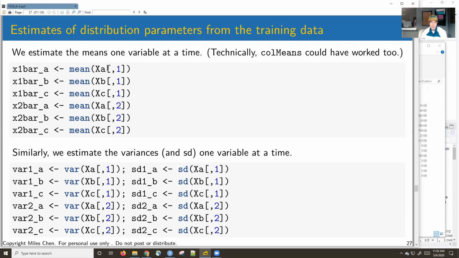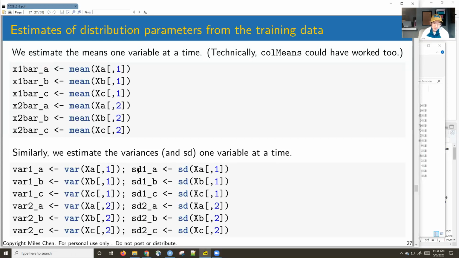Here, I calculate the mean of variable 1 for class A, which is x1 bar A. I calculate the mean of variable 1 for class B, that's x1 bar B, and I get x1 bar C. Then I do the mean of the second column for class A, which is x2 bar A, for class B, x2 bar B, and for class C, x2 bar C.